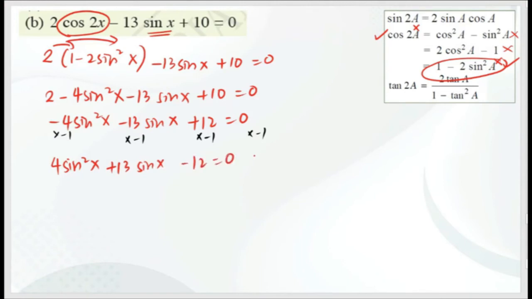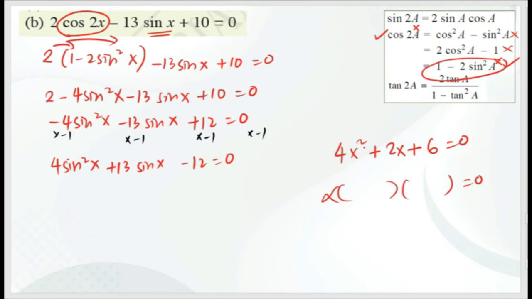Another thing I want to remind you students: for example, if the question is 4x squared plus 2x plus 6 equal to 0, you don't simply do the factorization first.